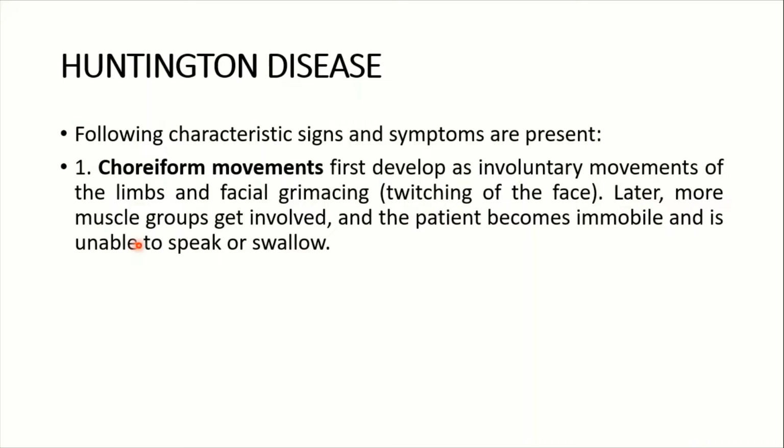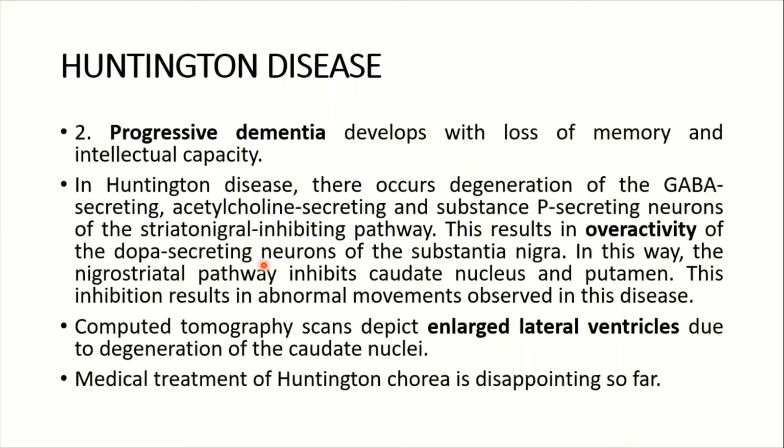Later, more muscle groups get involved and the patient becomes immobile and is unable to speak or swallow. Number two, a characteristic of Huntington disease is progressive dementia. It develops with loss of memory and intellectual capacity.